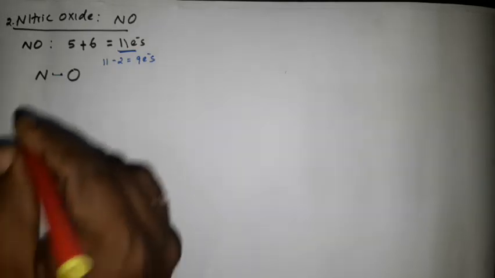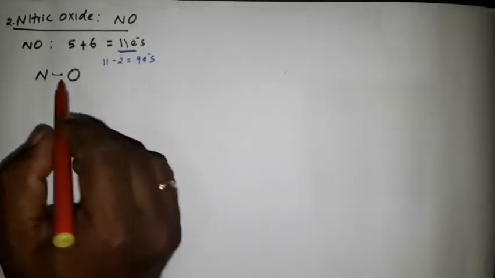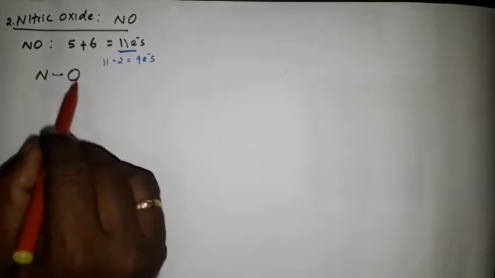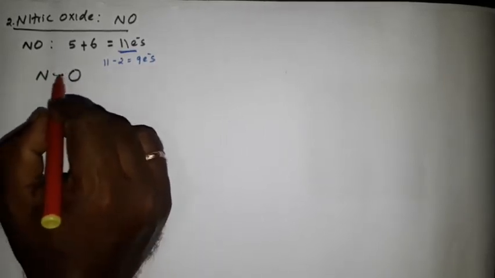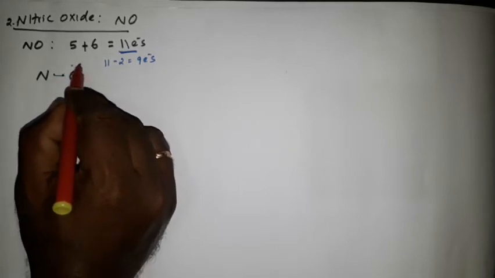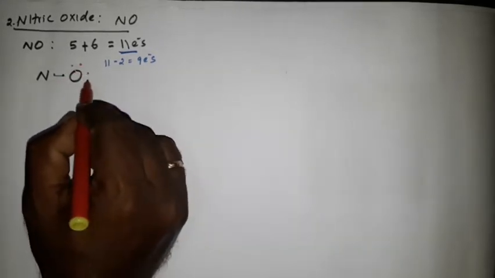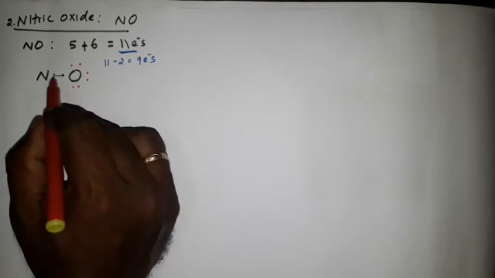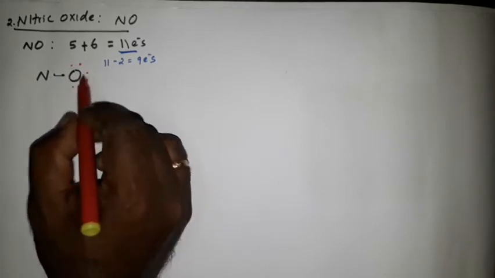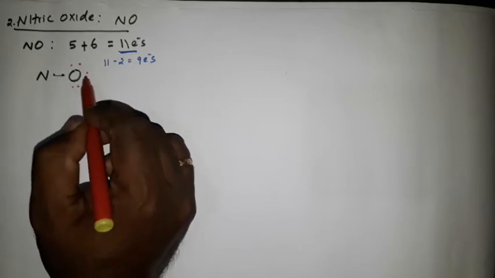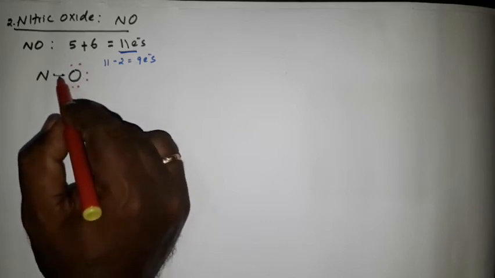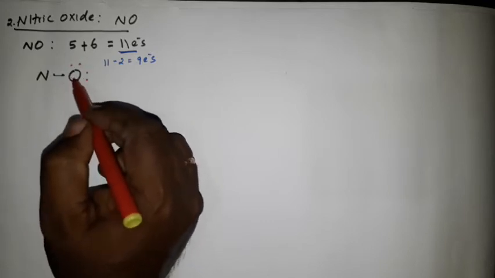So, here 2 electrons. Now, this oxygen will contain an octet, that is 8 electrons. So, I am writing here 6 more electrons, 2, 4, 6. So now total number of electrons: 2, 4, 6, 8. 8 electrons completed.